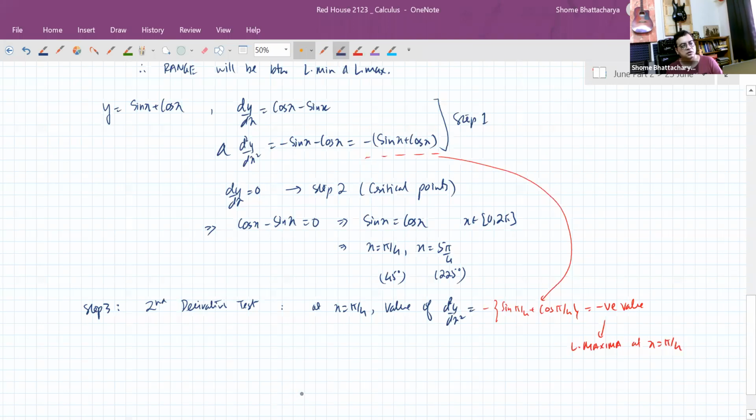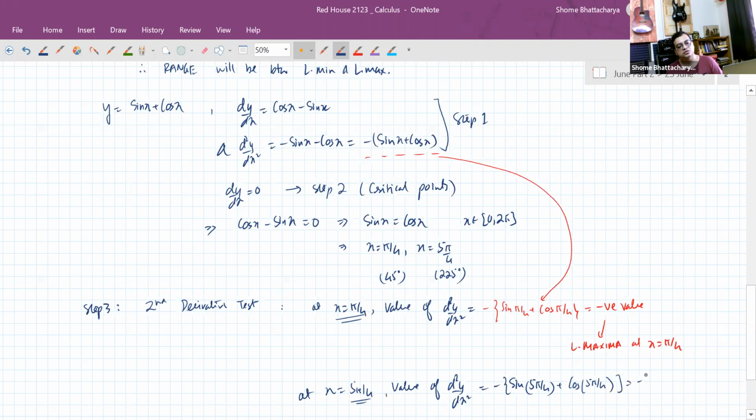Similarly, at the second critical point, the value of d2y by dx square is minus of sine 5 pi by 4 plus cos 5 pi by 4.